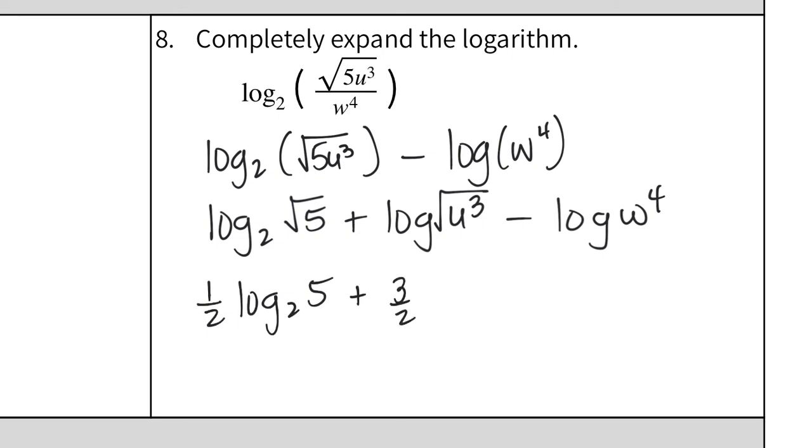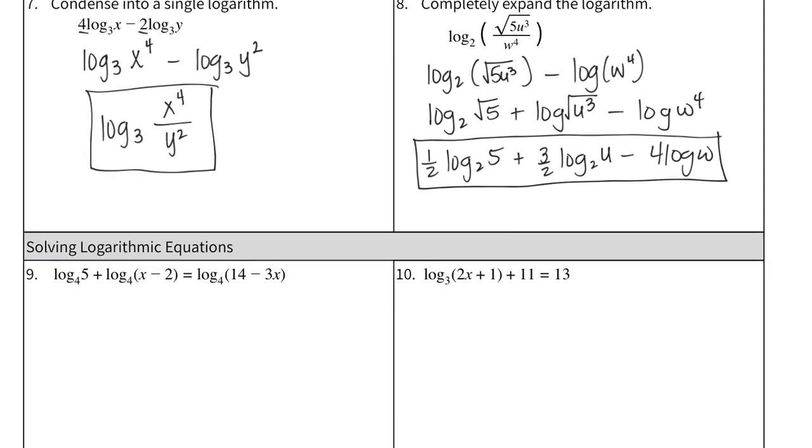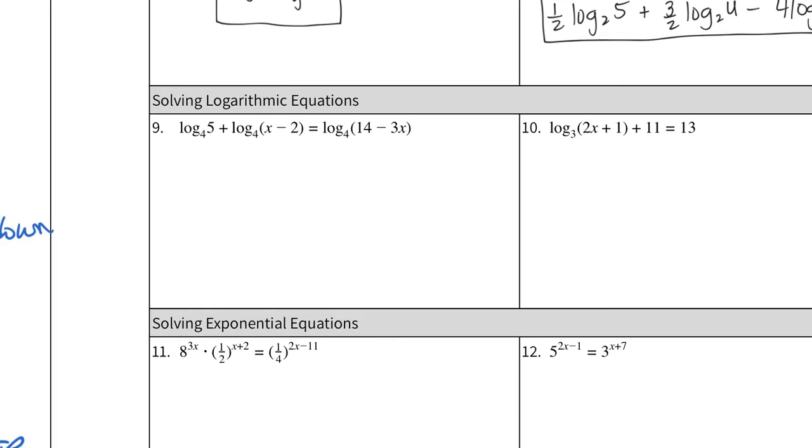Then 3/2 log base 2 of u, also not underneath the square root anymore, minus 4 log w. Okay, the rest of these we're going to need a calculator for.